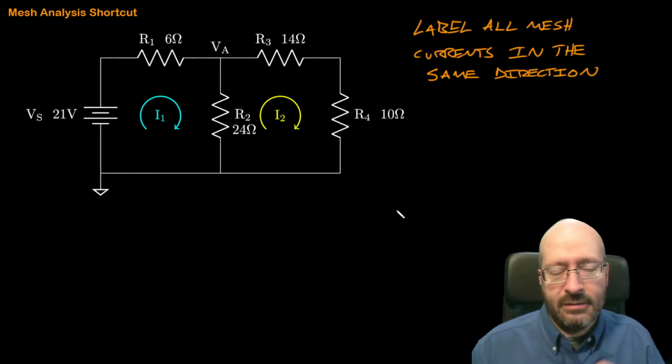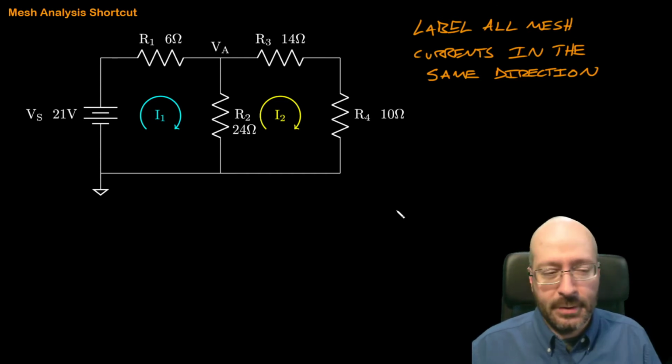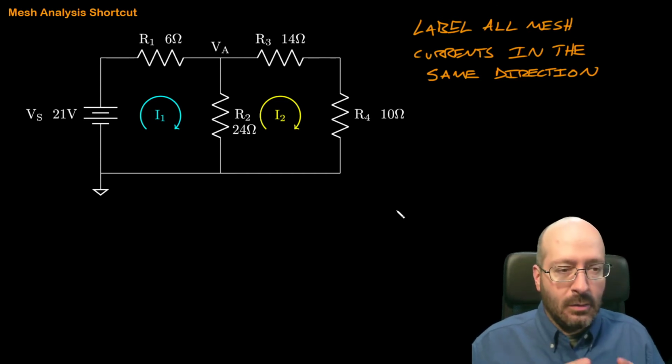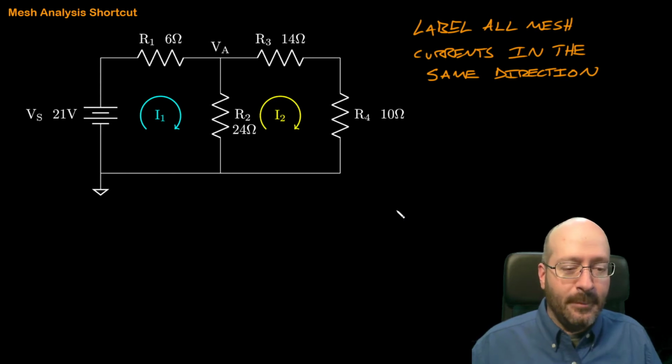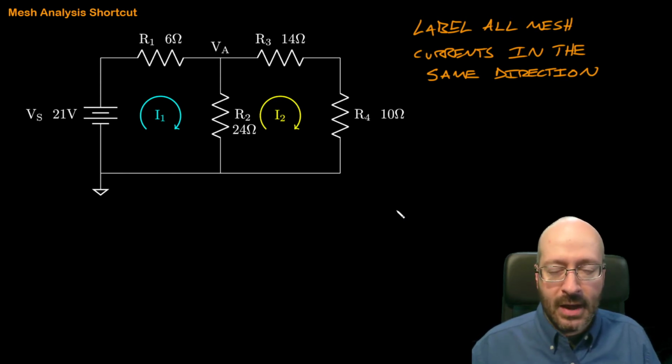You can do that if you're writing it the long way and you're being careful. But if you're using the shortcut, one of the things that makes us faster and more accurate is if we do things consistently. And the thing that we're going to do consistently here is label the mesh currents in the same direction. My habit is clockwise. Very quickly, my habit can become your habit as you watch me work a lot of these problems.